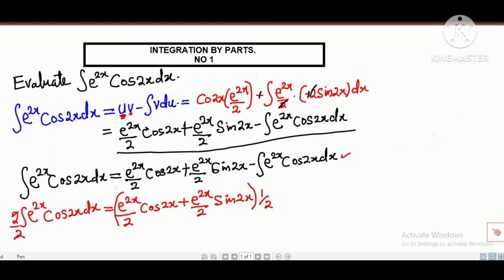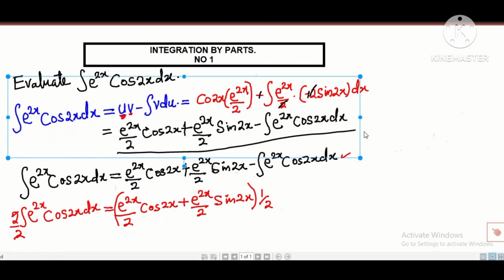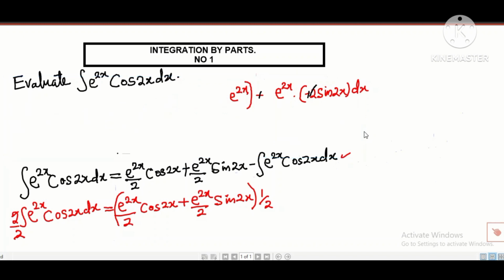So let me clean the upper part and have a space to finish my work. I'm going to remove this.